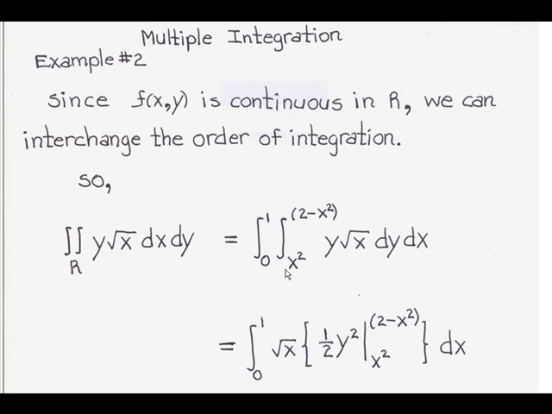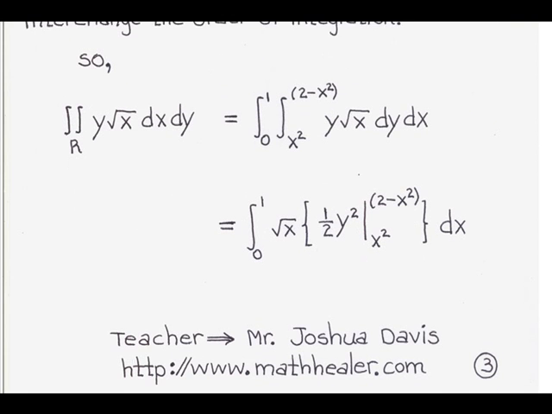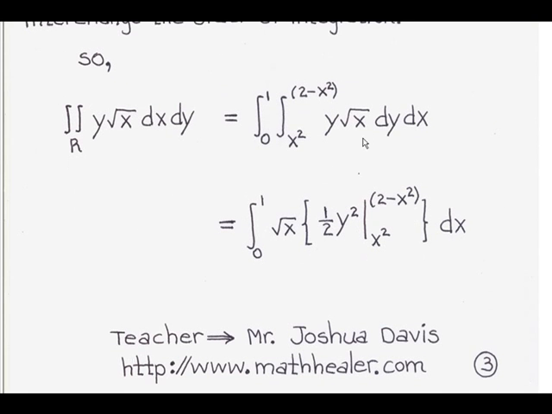Now, for the inner integral, we're going to integrate with respect to y. So in this case, we're going to hold the square root of x fixed and treat it as a constant. And we're going to take the integral of y with respect to y, again keeping the square root of x fixed as a constant.